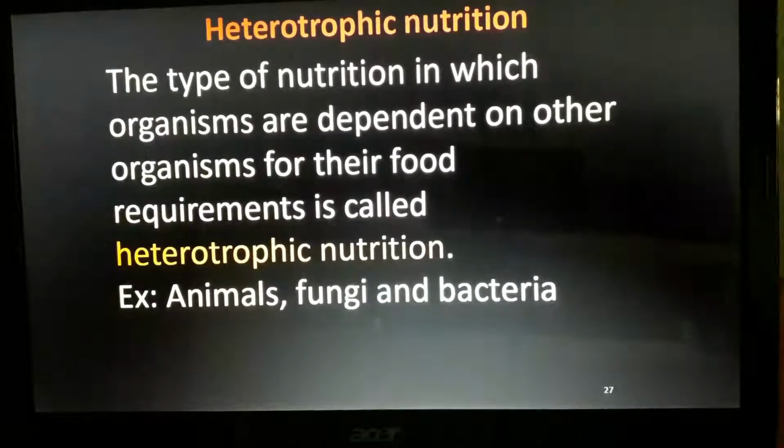Making food on their own means all the things we need to make food must come from within our body itself. Then only can we say we are making our own food.